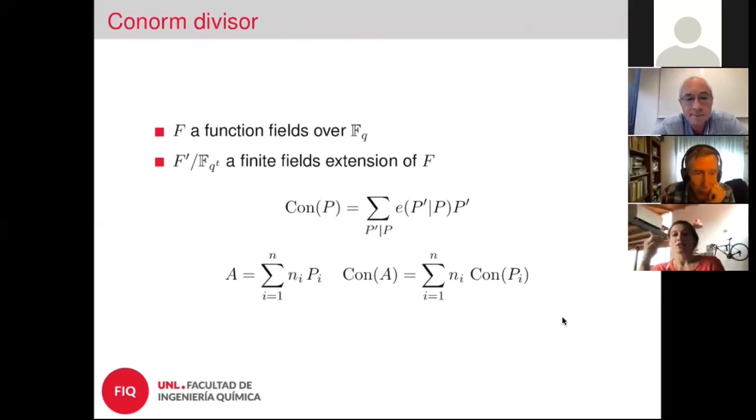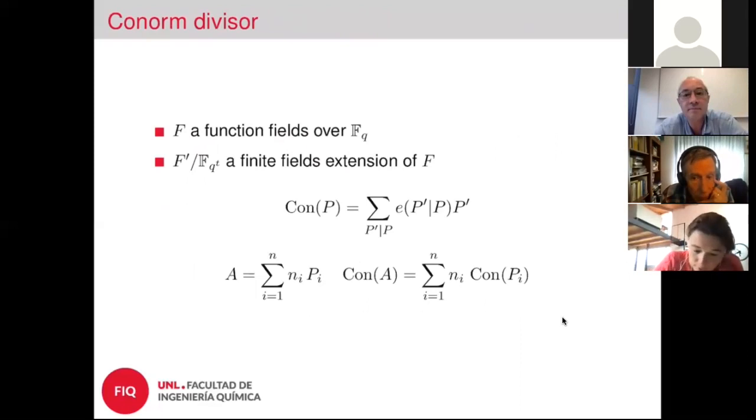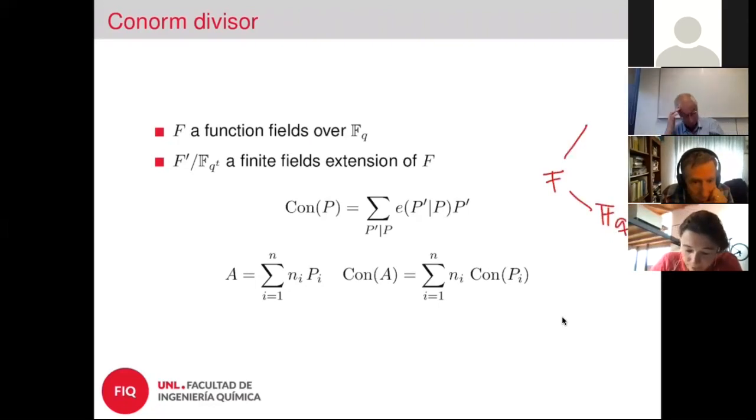extension, and to start with an AG code in some function field and to construct a new one in an extension field. Here the general setting is that we have F, a function field over the finite field Fq, and we have an extension F prime that can be considered over the same finite field or over some other extension, Fq^t.